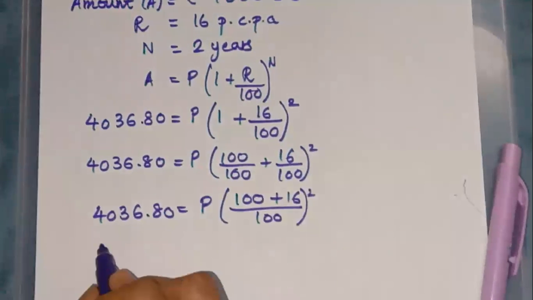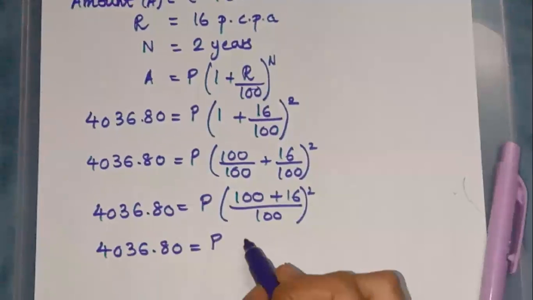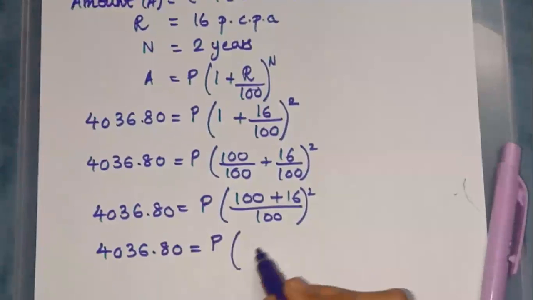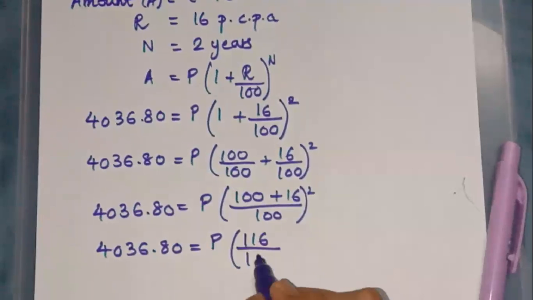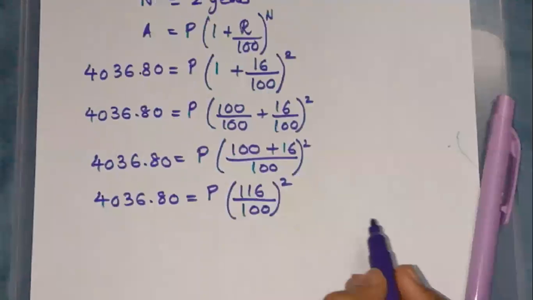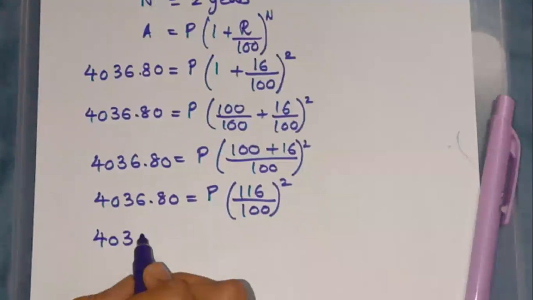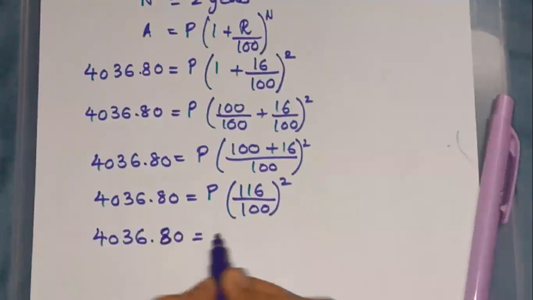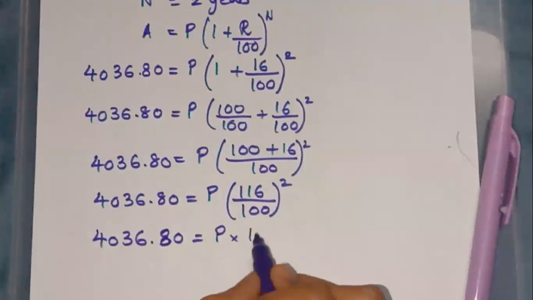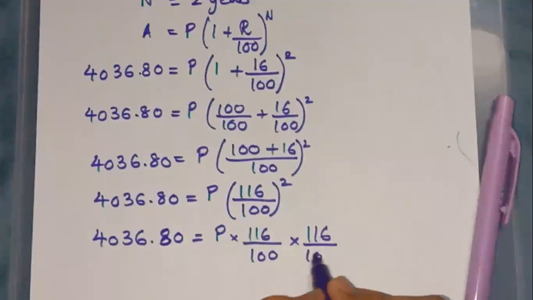So 4036.80 is equal to principal in brackets, 100 plus 16 is going to give you 116 upon 100, the whole square. So 4036.80 is equal to P multiplied by 116 upon 100, multiplied by 116 upon 100.